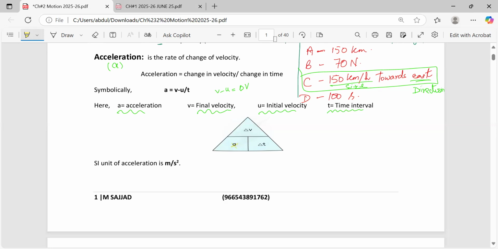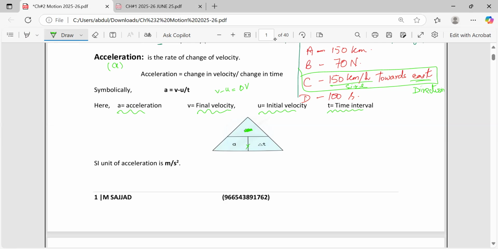If you want to find delta t, it will be delta V over a. If you want to find delta V, the change in velocity, it will be a times delta t, in the same fashion as we did at the top.